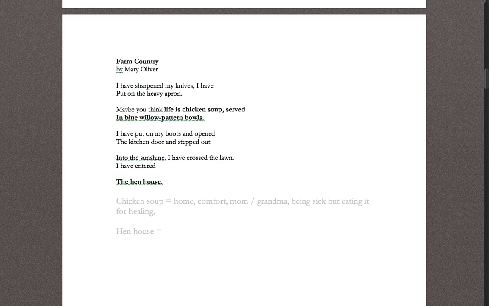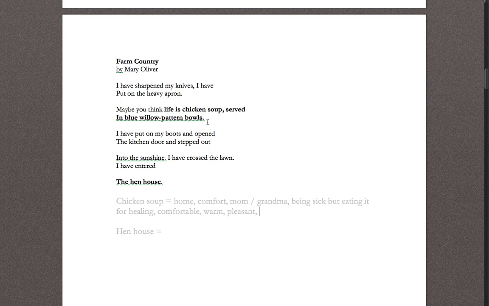So again, that comforting aspect. We can say that it's comfortable. Oh, we already said comfort, but we'll repeat it with comfortable. It's warm. It's pleasant. All these things. We can keep going with the list, but I want to move on to the second part of the metaphor.